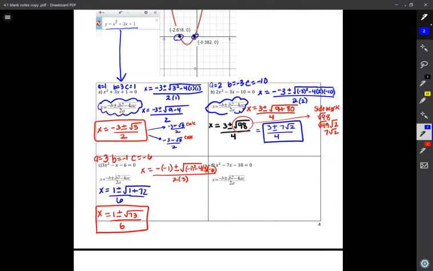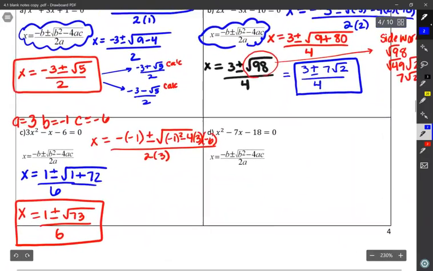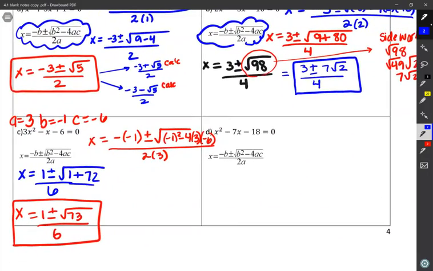You probably could do this one, except it's a negative 7x, so your numbers are going to be a little bit ugly. I had students who did want to complete the square instead of using the quadratic formula. They thought that was easier. I tend to use the quadratic formula over completing the square, but it does work for this one, so you could do either. All right, go ahead and try to solve this one.